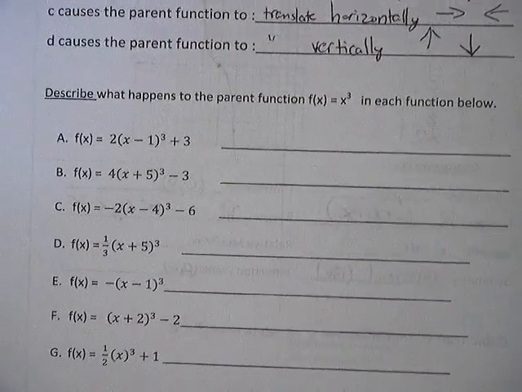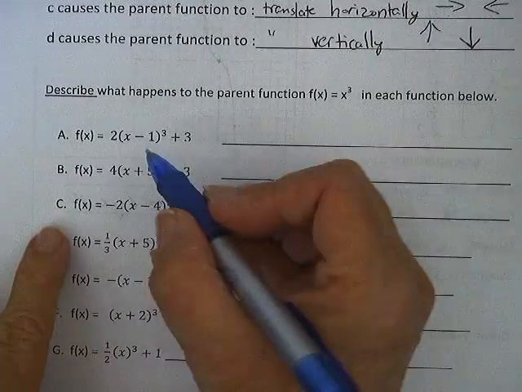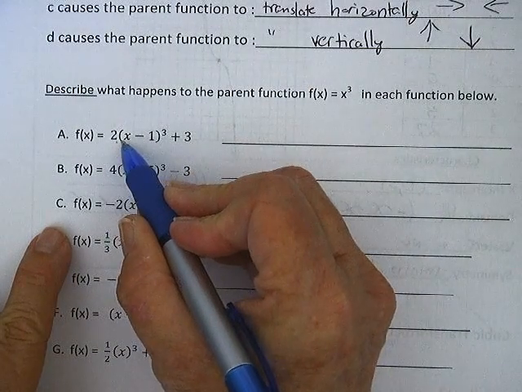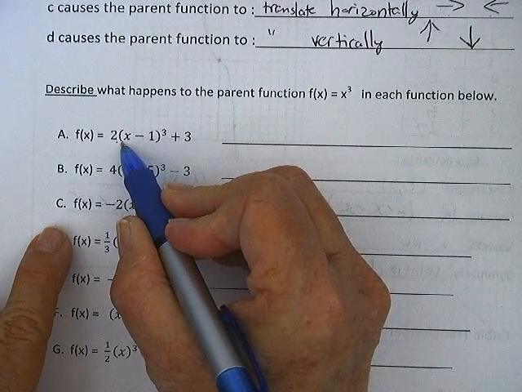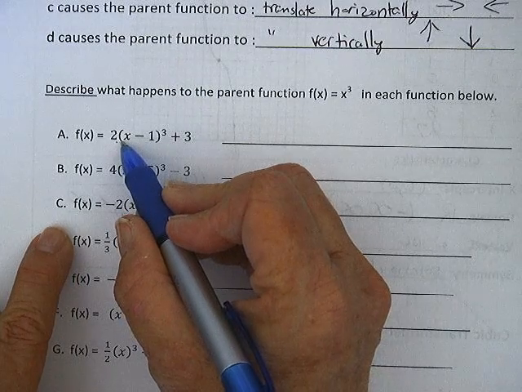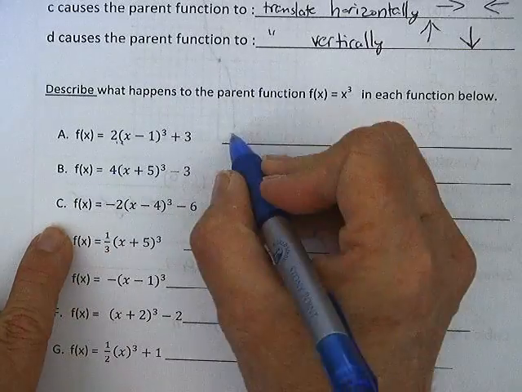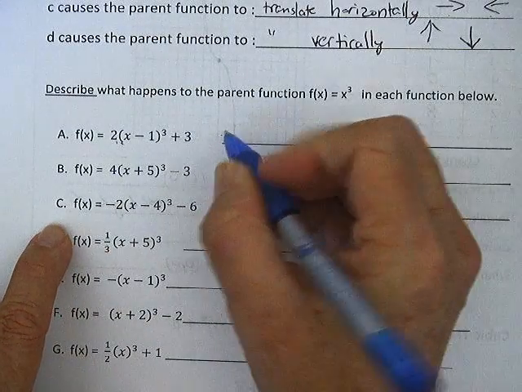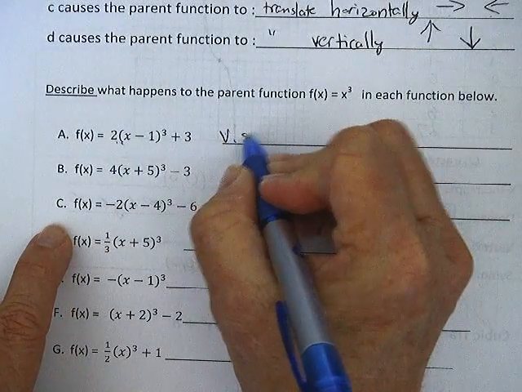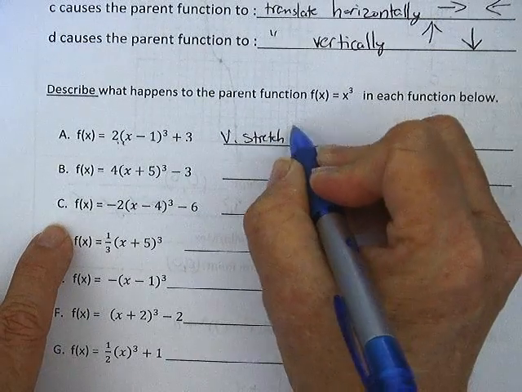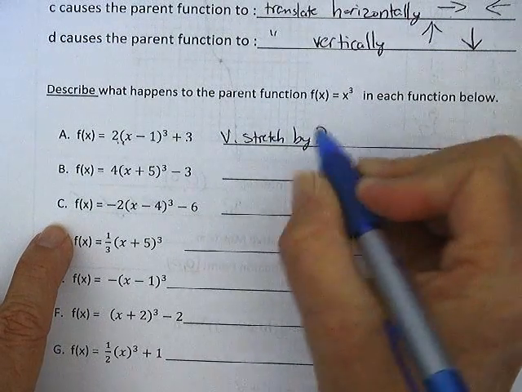So now we're going to describe these transformations. The 2 on the outside is the equivalent of the a, because remember, a doesn't get cubed, whereas b does get cubed. So this is an a value. It's greater than 1, so we are vertically stretched by 2.